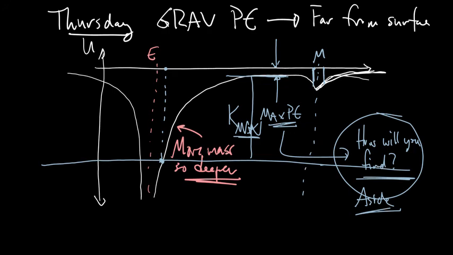But if we just put in too much energy, if we get a total energy that's greater than zero, this will blast off to forever, go infinitely far away. So this is our max energy.